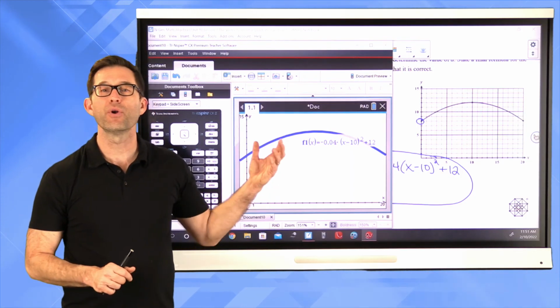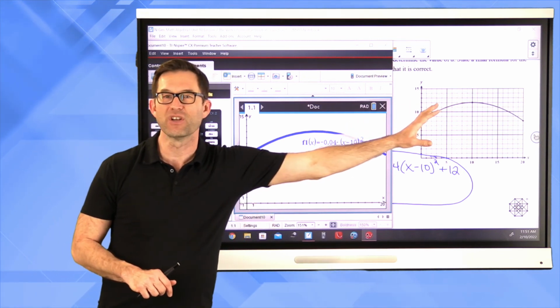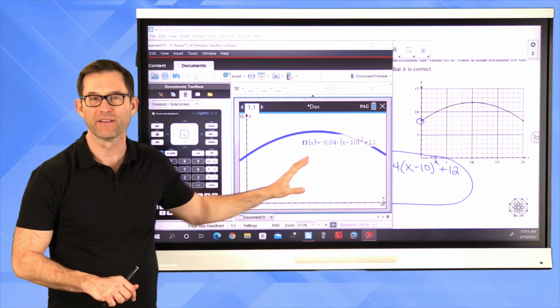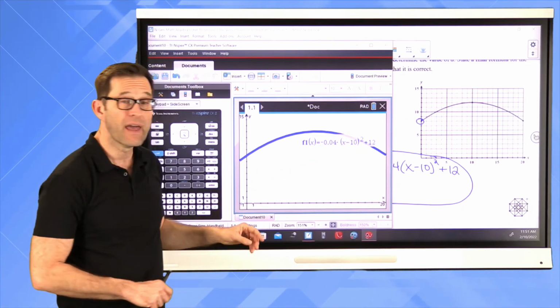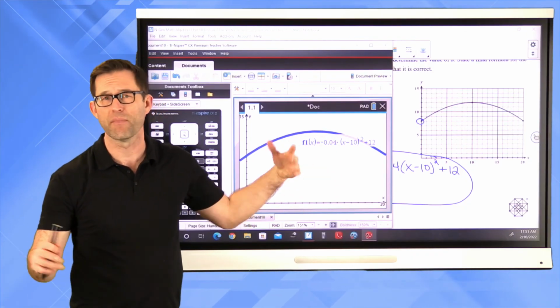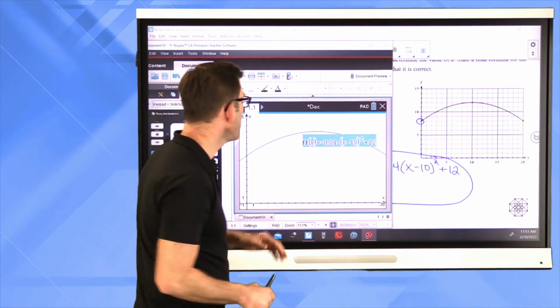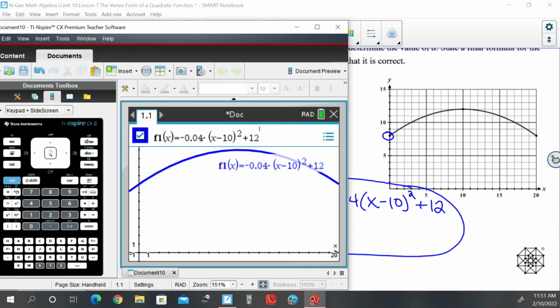I could even put a grid on here, and then I'd be able to really match it up. But I think I have some confidence that I've done this problem right at this point. Now, keep in mind, an easy mistake would be to botch the a. You could make it positive. If I had made it positive, then look what would have happened.